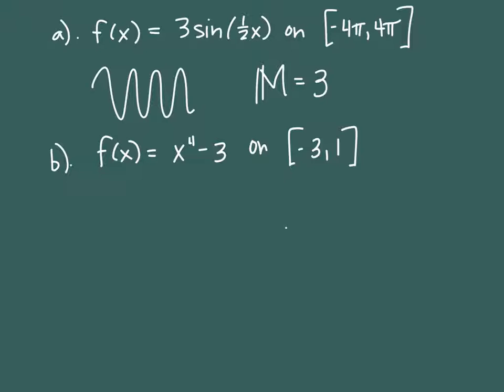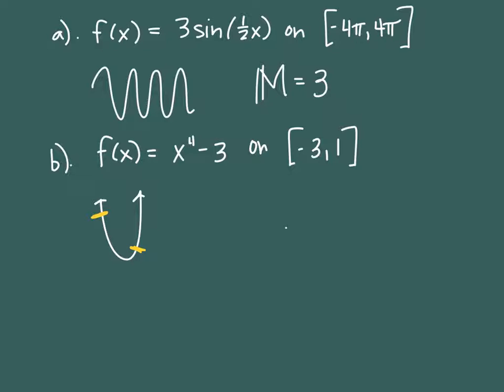This one's not going to have the little loop, but it looks like a parabola, and if we've got extra x terms, then it'll have the W shape. But this is just going to have the general form of a parabola. And so its maximum is not going to be at the vertex, because that has a minimum. So it's going to be on one of the sides. So we know that negative 3 to 1 is how the bounds are going to go.